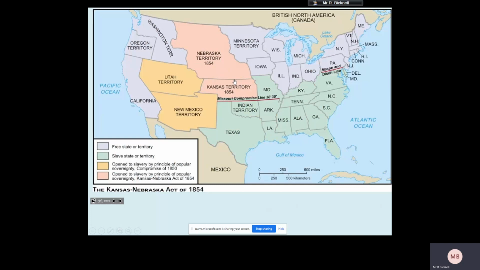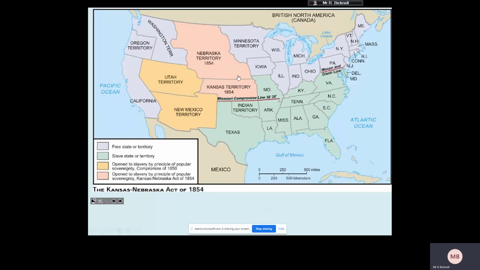What is that called? Popular? I think you just wrote it down. Sovereignty. Popular sovereignty. Basically, the people of that area can decide upon their way of life. So the issue of slavery or being a non-slave state is not going to be forced upon them.